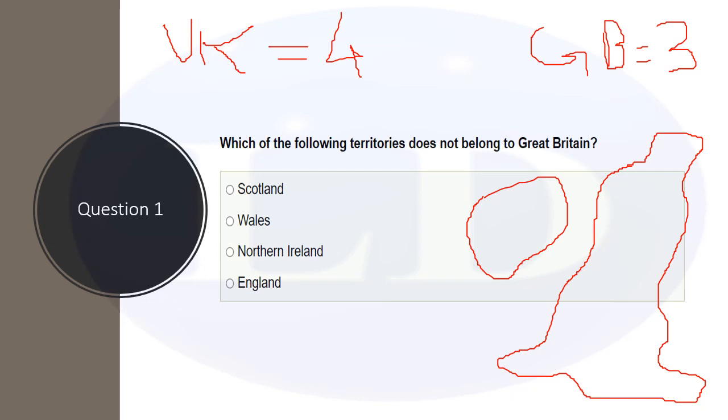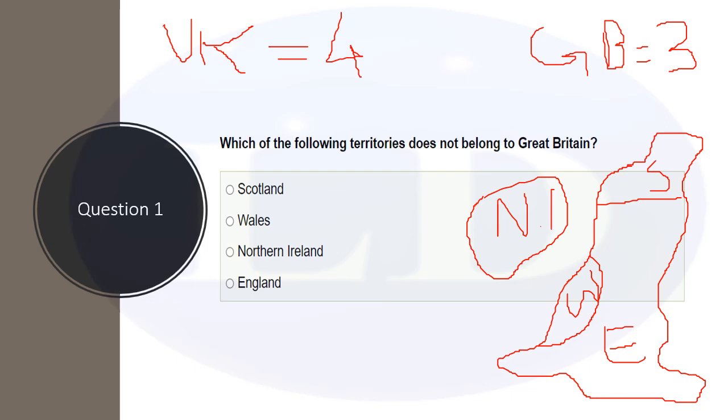Obviously it is a big piece of land, but we are only concerned with Northern Ireland. Let us divide that into 3 pieces: Scotland, this is England, and this is Wales, and this is Northern Ireland.